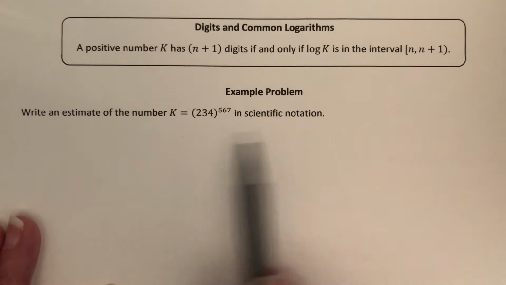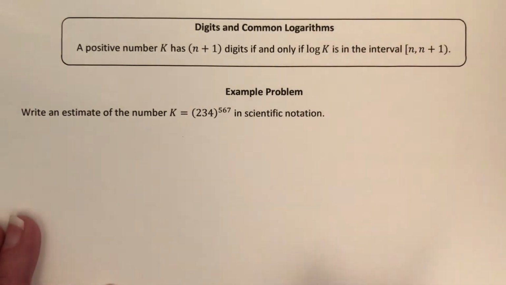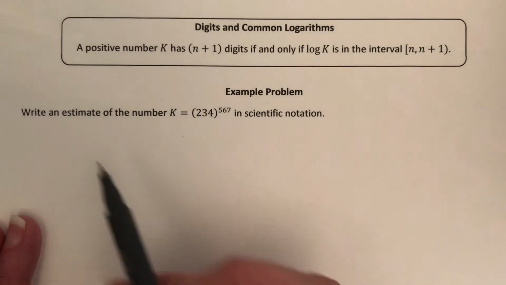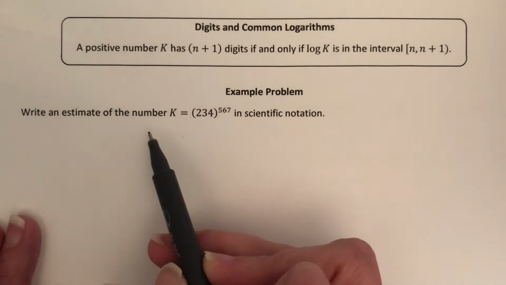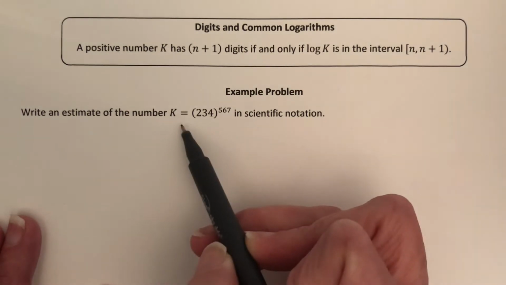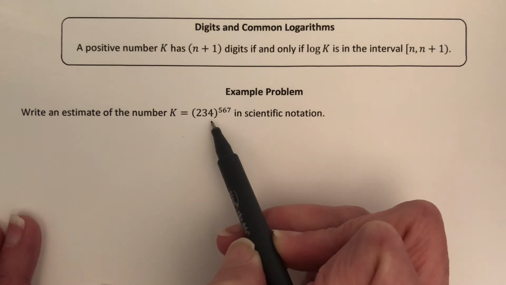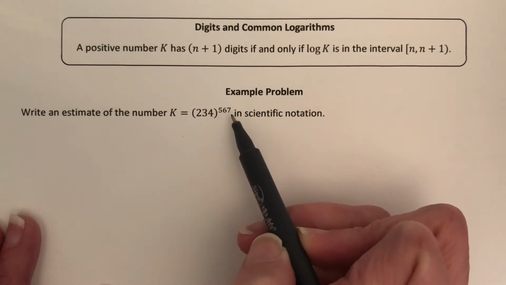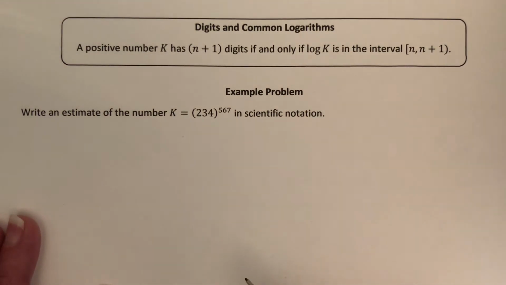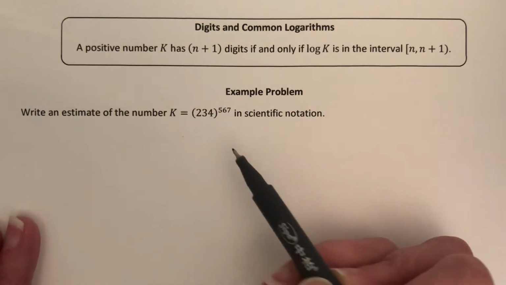Now, I know this probably doesn't make a whole lot of sense yet. It should here. We want to write an estimate of the number k equal to 234 raised to the 567th power in scientific notation. Now, this is, of course, a huge number.